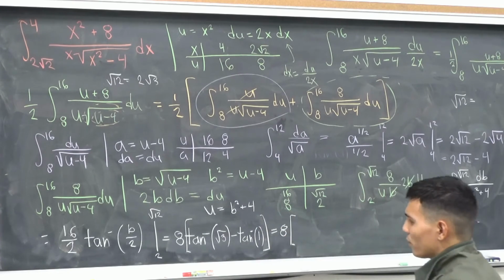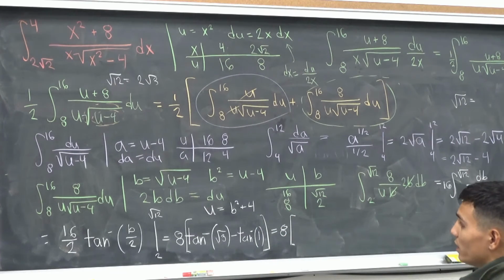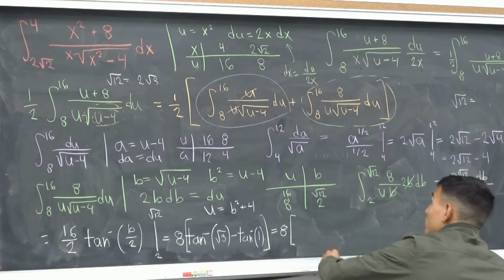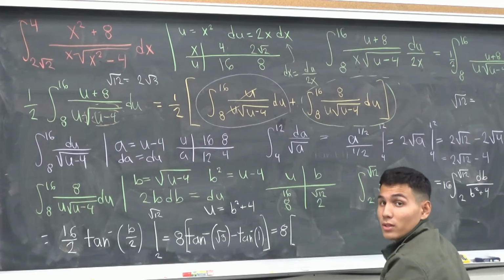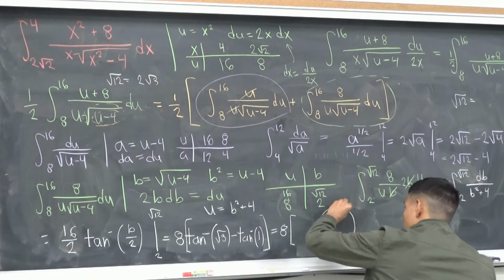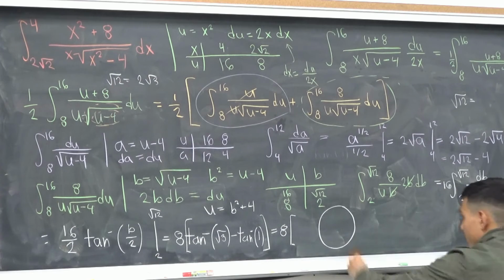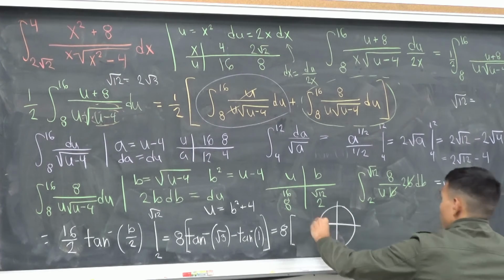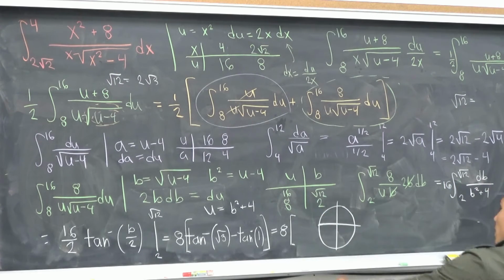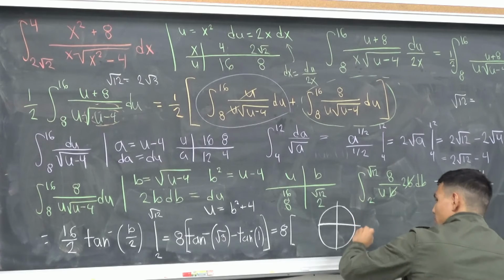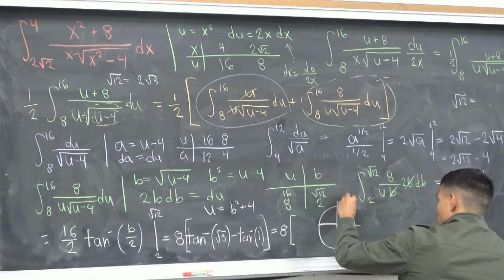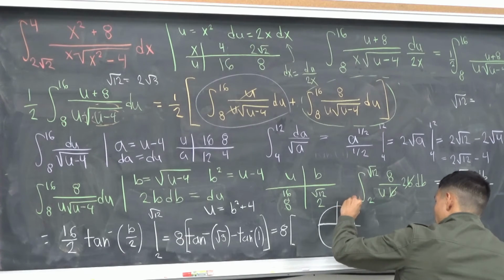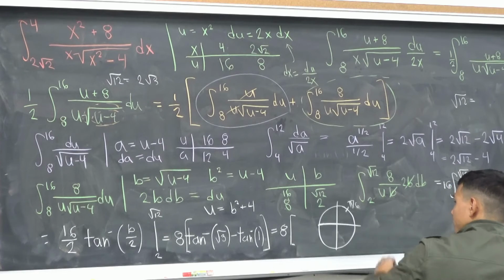Now, tan inverse of square root 3, let's draw a unit circle if we're confused. Let's test pi over 6, right?